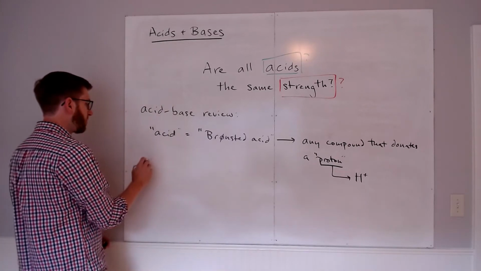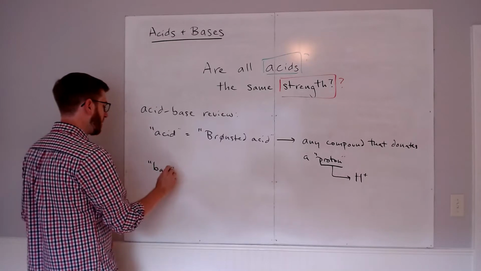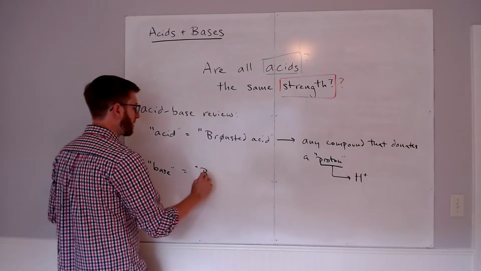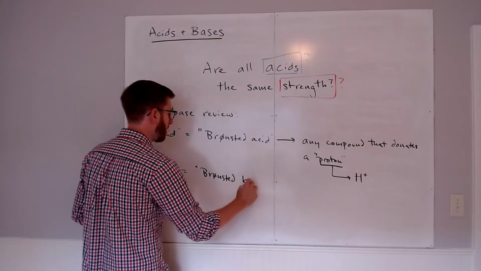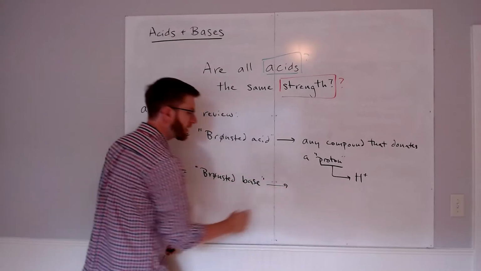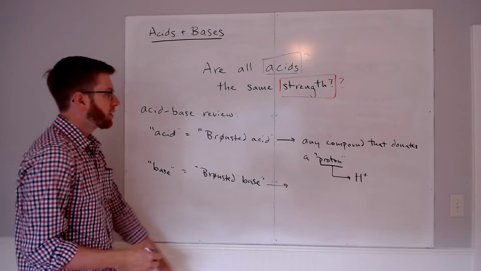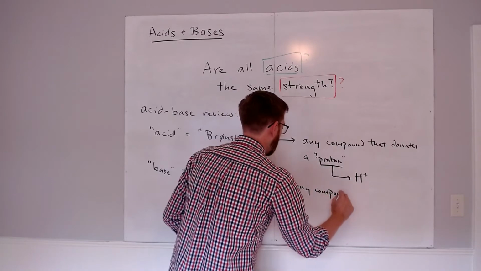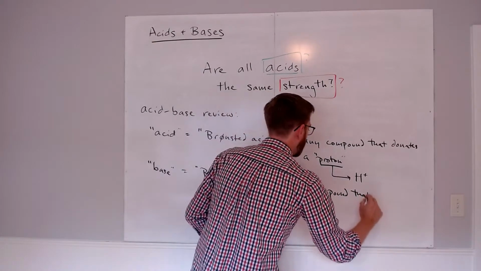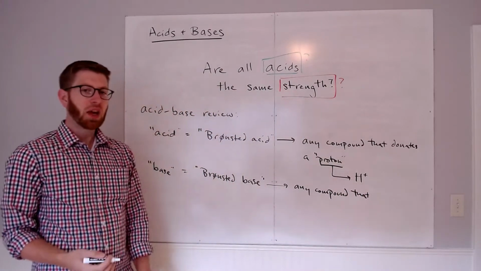And if we use the word base, again, what we mean is a Bronsted base. If we meant Lewis base, we would use the word Lewis. And so this is any compound that you probably heard accepts a hydrogen.